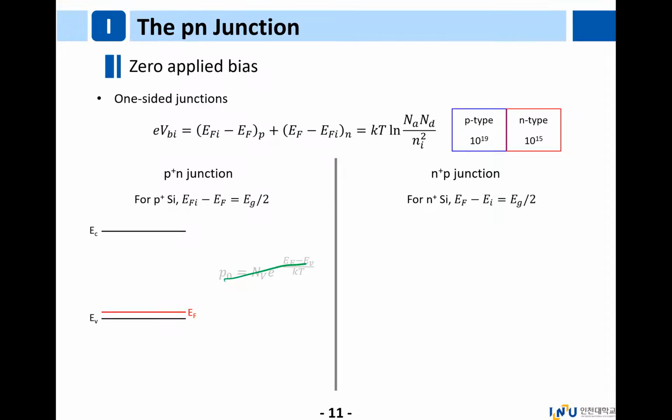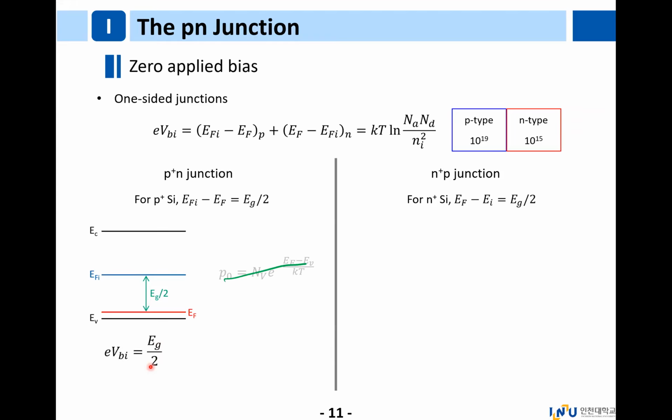In this case, assuming the Fermi level is nearly attached to the EV level, we assume that the difference between the intrinsic Fermi level and the Fermi level is approximately half of the band gap. Therefore, the band bending on the p-type side becomes Eg over 2.